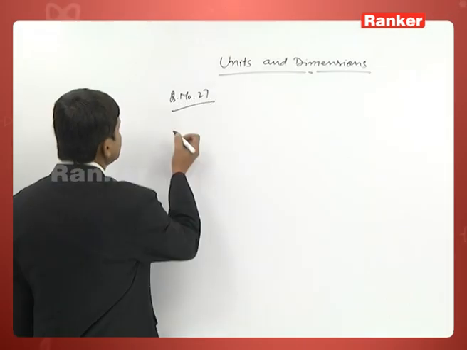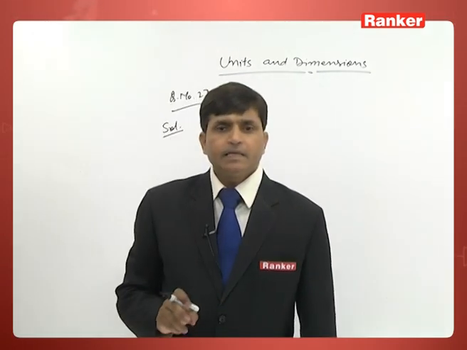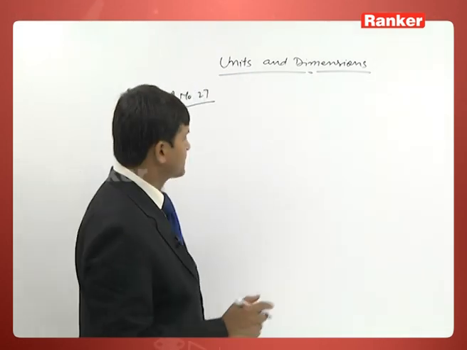So, first of all, given parameters. Given parameter is this. This is a main scale. Each division of the main scale is 1 millimeter.